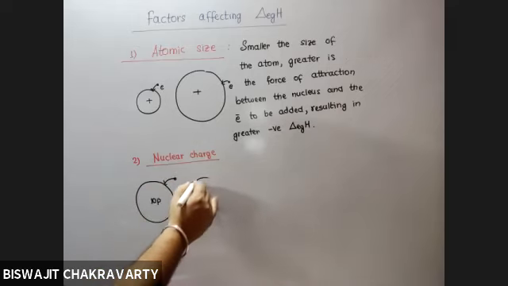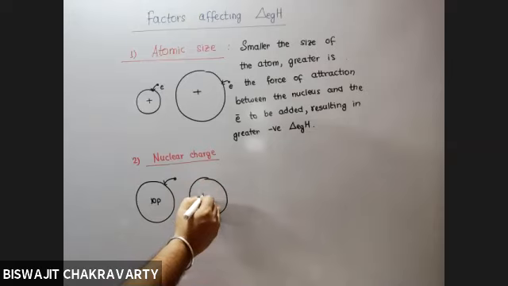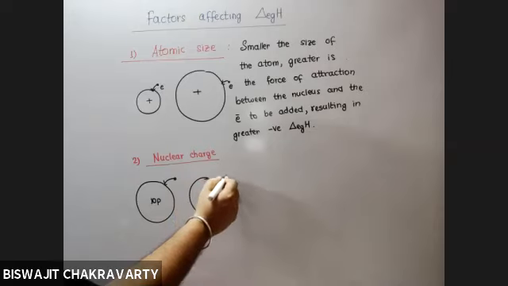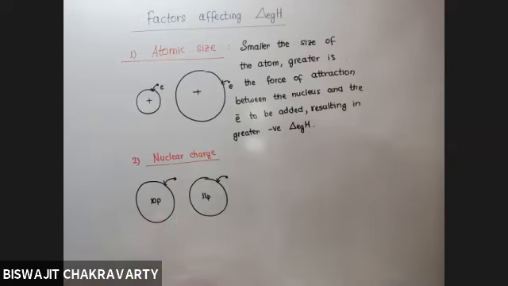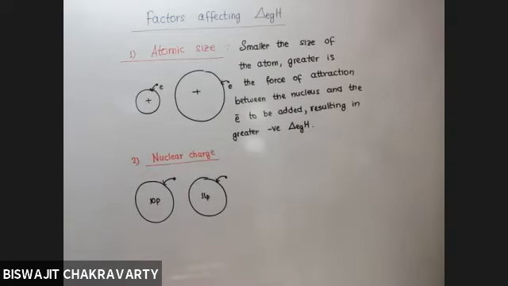One has 11 protons in it. My question to you is, who is going to release a greater amount of energy after accepting the electron? 11 protons. Why 11 protons? Obviously, because the greater the number of protons, the more will be the force of attraction, isn't it?